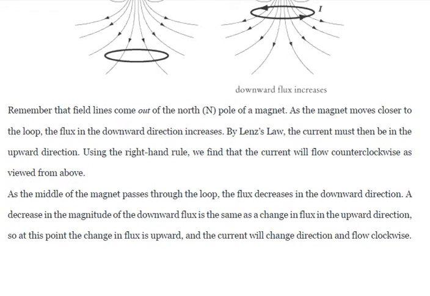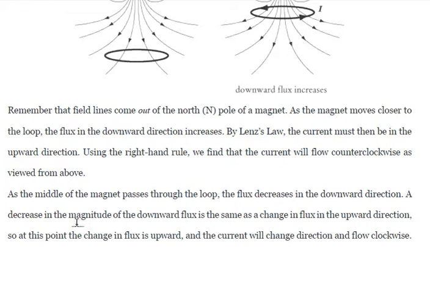Once the middle of the magnet passes through the loop, the flux starts to decrease in the downward direction. If we're decreasing the downward flux, that's the same thing as saying that we're making a change upward. The double negatives cancel out into this positive upward direction. So once the magnet is halfway through, right at the middle point, the change in flux moves to upward, and the current has to change direction and flow clockwise.